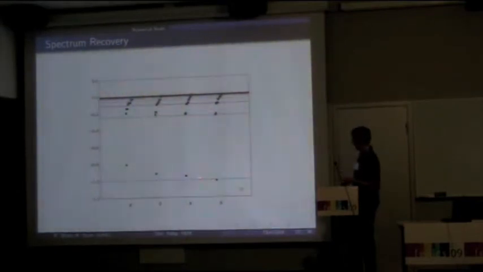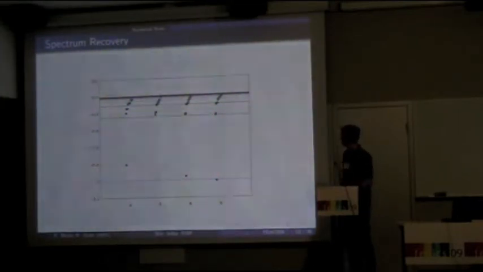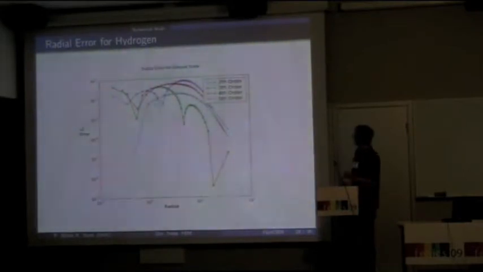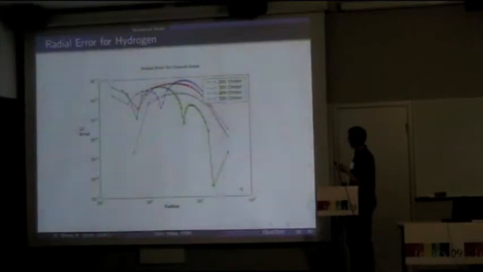So for instance, here's the ground state. Here is going to be the 2s state, and here's going to be the 2p state. But these, of course, should all have the same energy, which we eventually see that they converge to. We also can look at the radial error, and if we look at the red line, we note that it has a definite peak in where we have error.